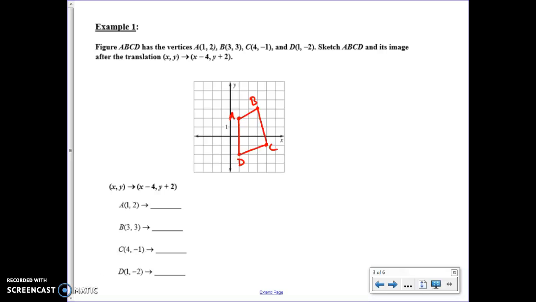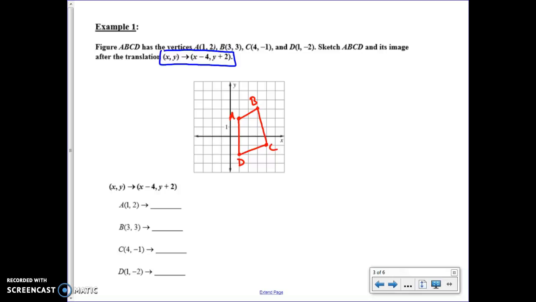Use your straight edge here, folks. It says sketch ABCD and its image after the translation (x, y) goes to (x minus 4, y plus 2).